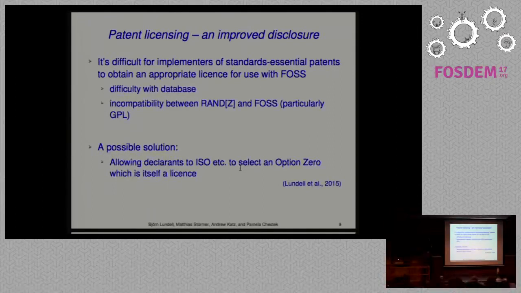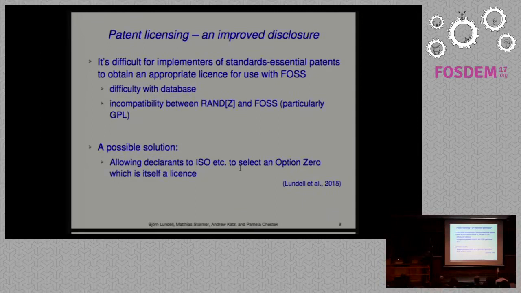What we are suggesting is that when a project wants to implement a piece of software that makes use of a standard, and the standard's essential patents are involved, as Björn suggested earlier, there are major difficulties in terms of those projects being able to determine whether their particular implementation of it is actually impacting on any patents, difficulties in terms of getting hold of appropriate licenses for those patents, and also a potential incompatibility between the terms of any license that they may receive and the license of the software that they're employing, particularly the difficulty with the freedom or death clause in the various versions of the GPL.